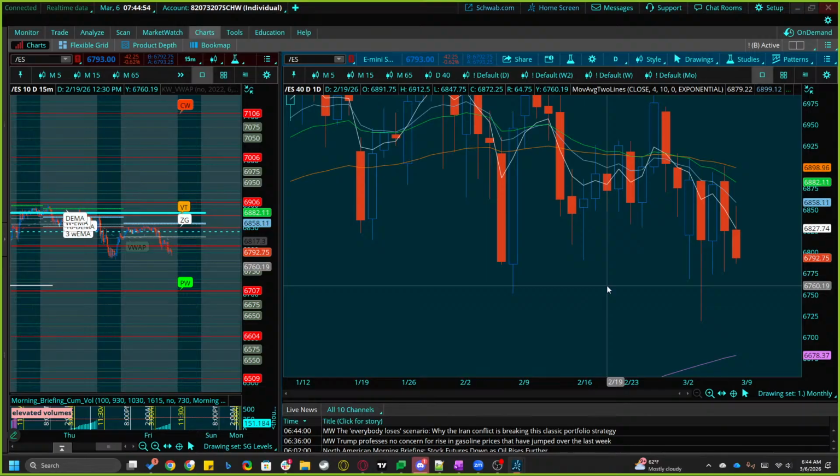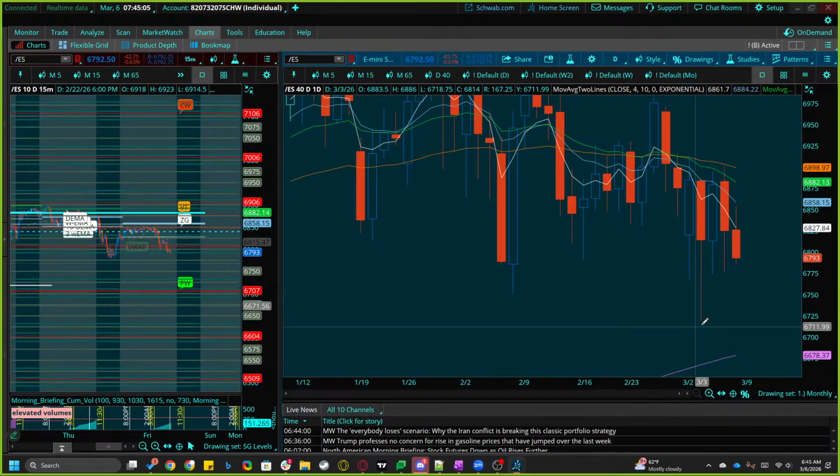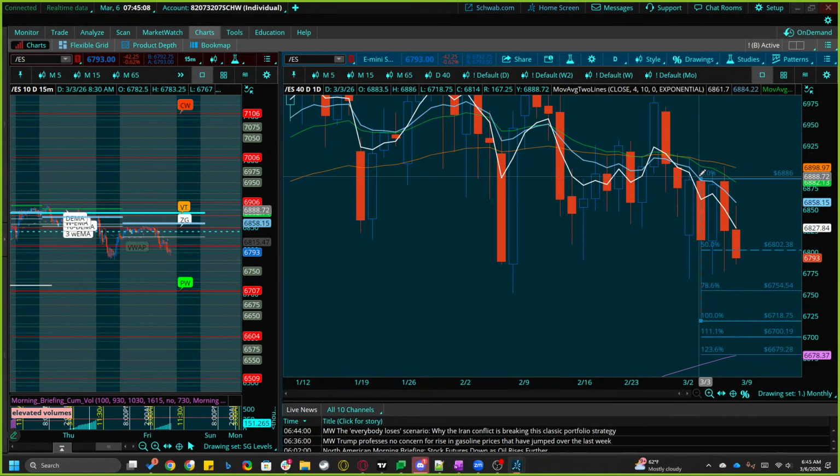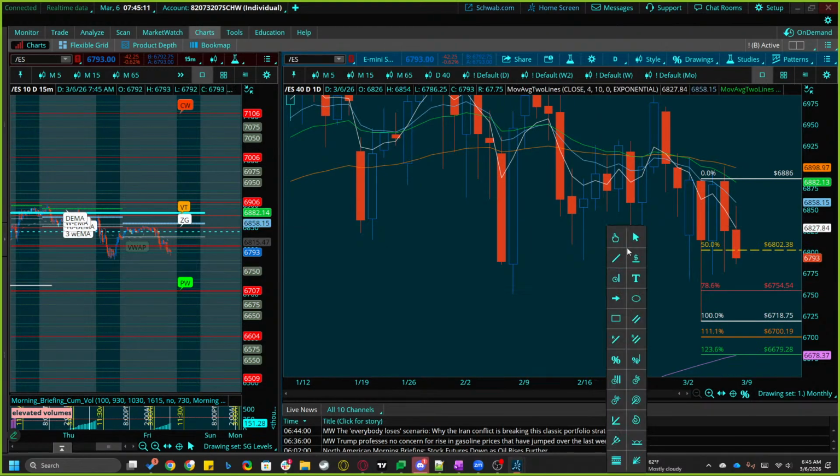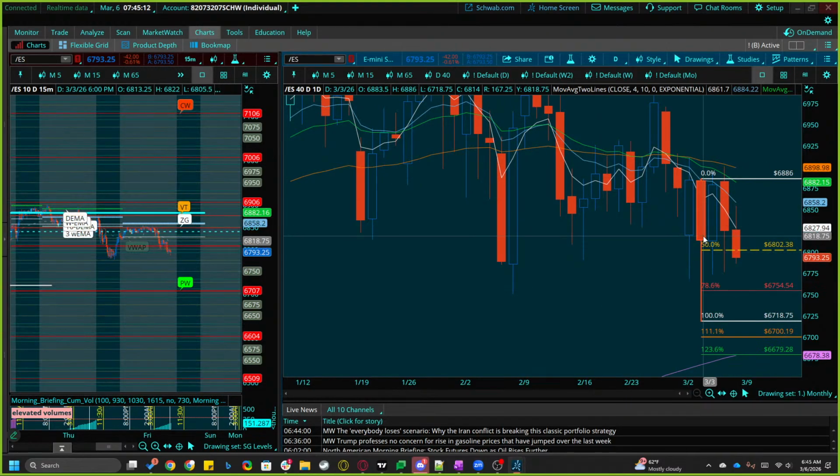So keeping our eye on yesterday and on Wednesday, see if we can break those two lows, put in a lower low. And if we do, then we want to challenge this big bar here. That would be March 3.